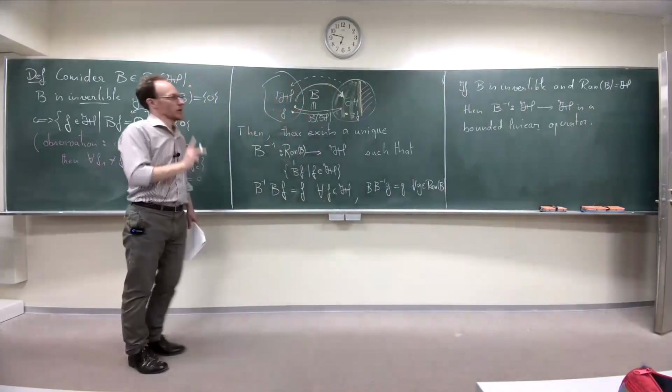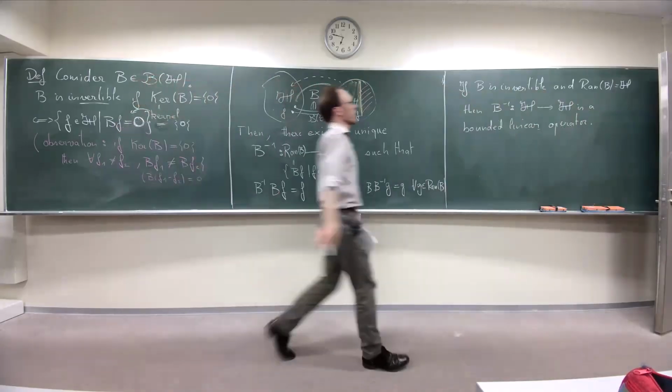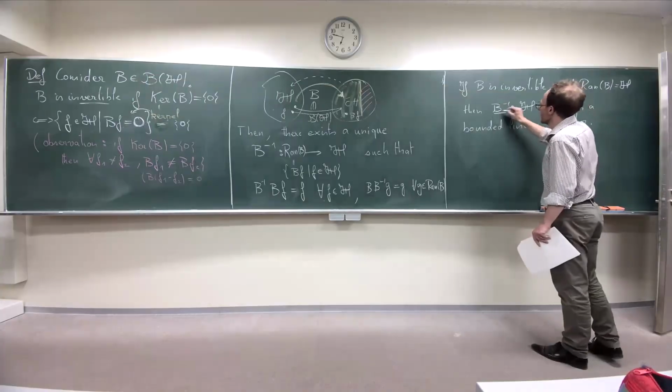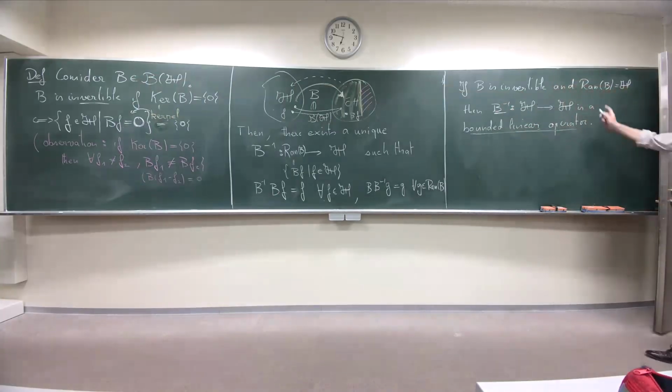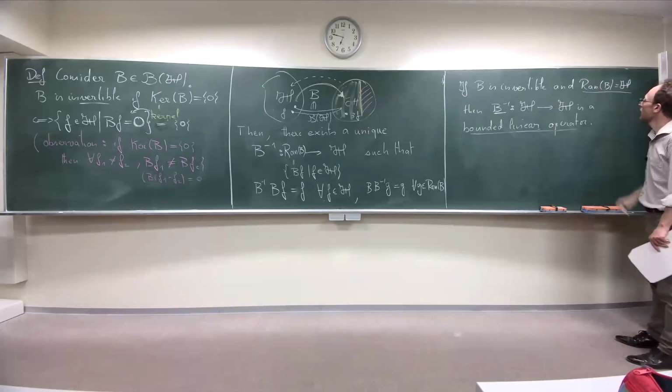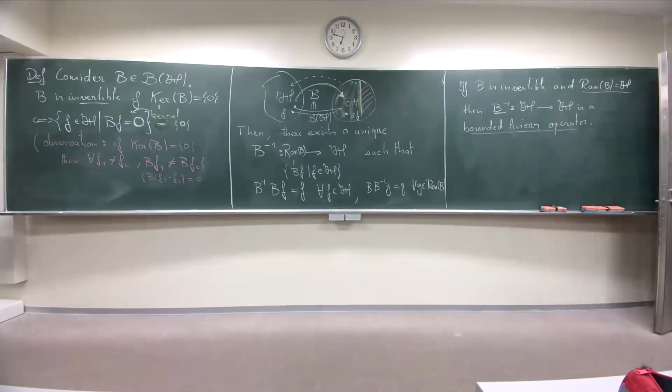So be careful: I'm not claiming that always this B minus 1 is a bounded linear operator. I'm saying if the range of B is H, it is the case. And I will show you why I need to be cautious.